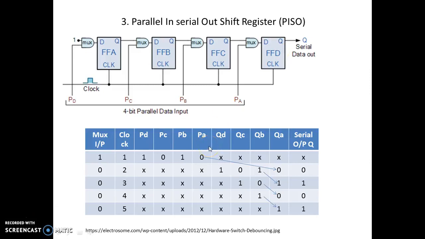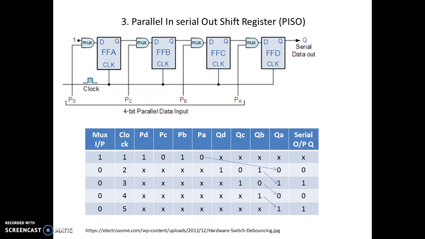So here data is inserted parallelly, and then after switching, data is taken out serially from the last flip-flop. Hence this is known as a parallel input serial output shift register.